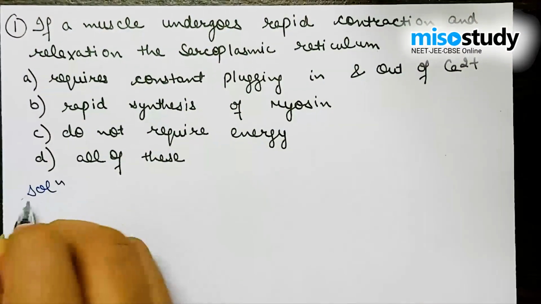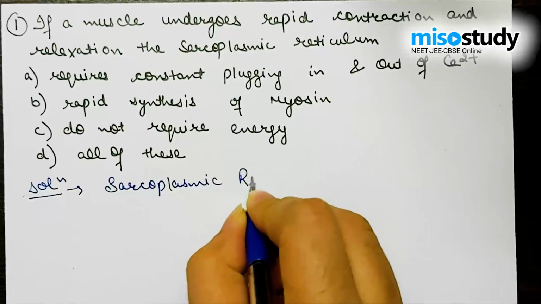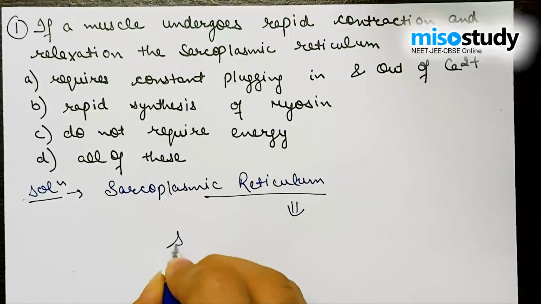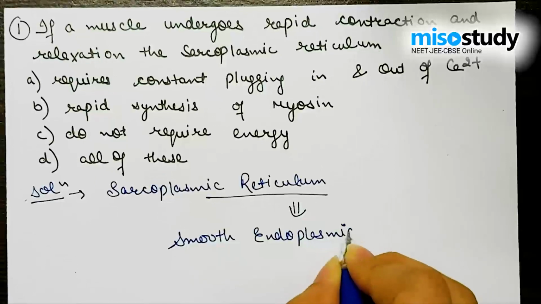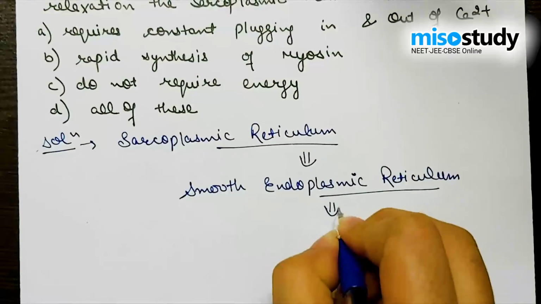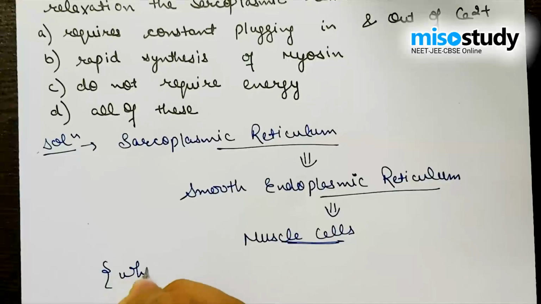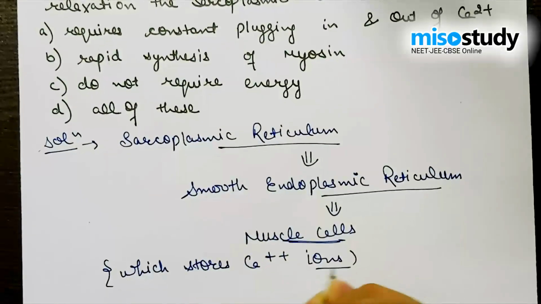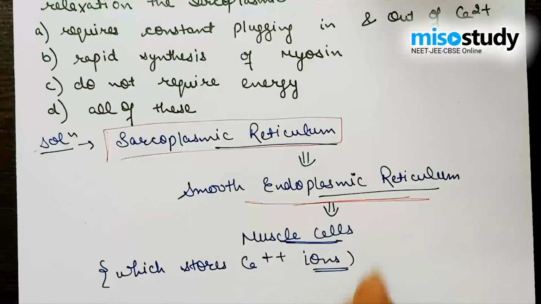We all know that the sarcoplasmic reticulum is a specialized smooth endoplasmic reticulum present in muscle cells, which stores calcium 2+ ions.